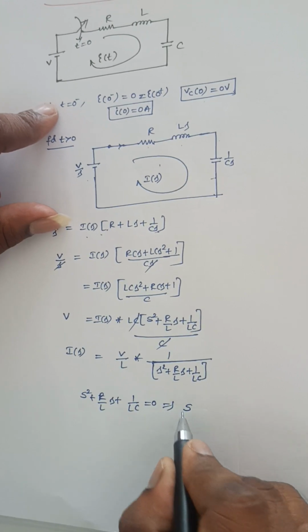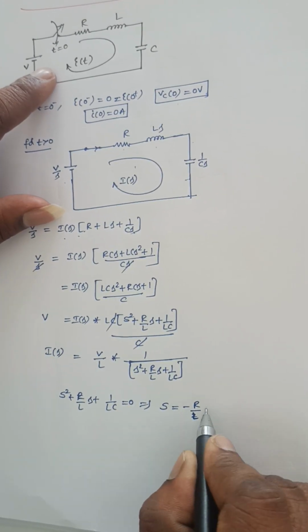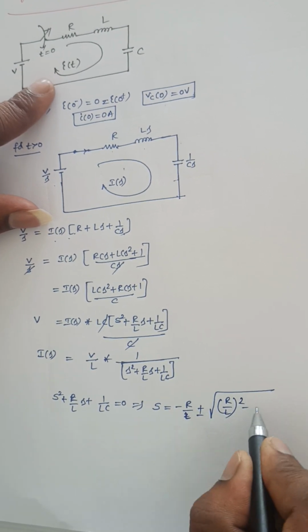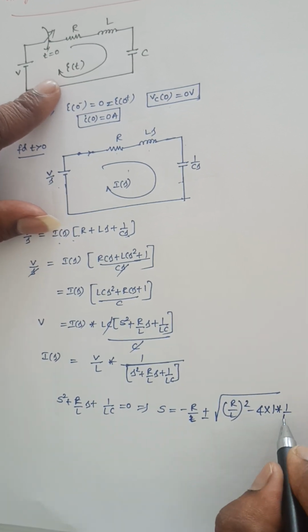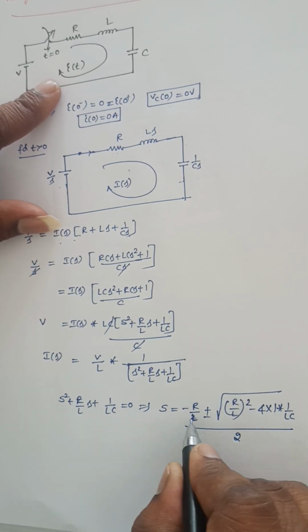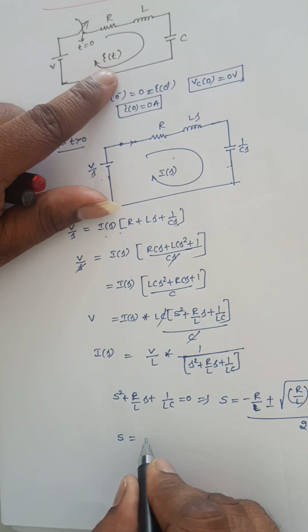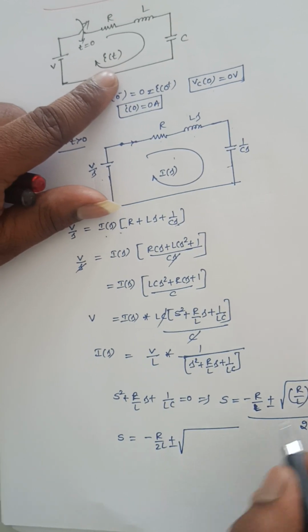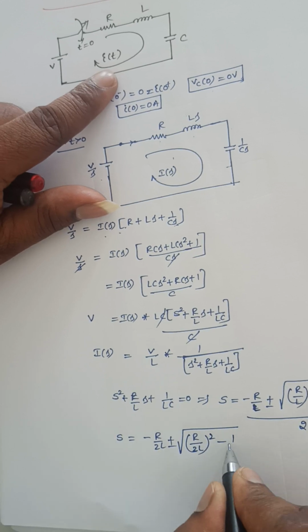So let us assume those roots. We already discussed this concept. S is equal to minus b plus or minus square root of b square minus 4ac, divided by 2a, where b is R by L, a is 1 and c is 1 by LC. I already explained all this concept in previous classes. So S is equal to minus R by 2L plus or minus square root of R by 2L whole square minus 1 by LC.